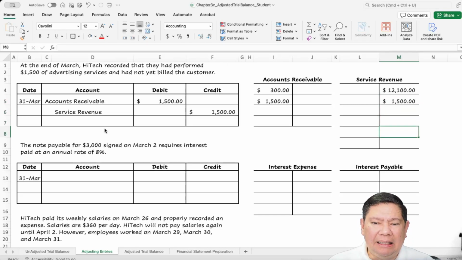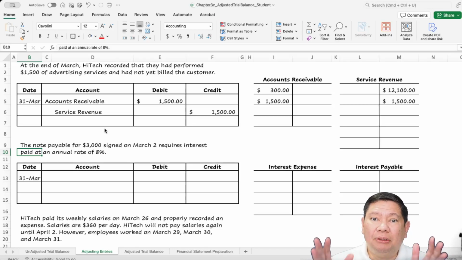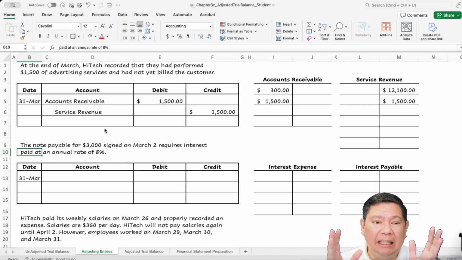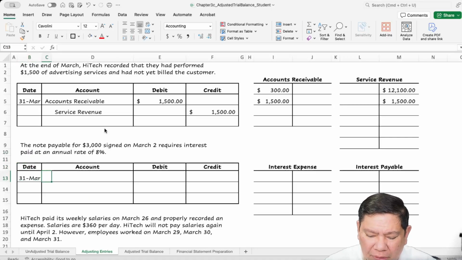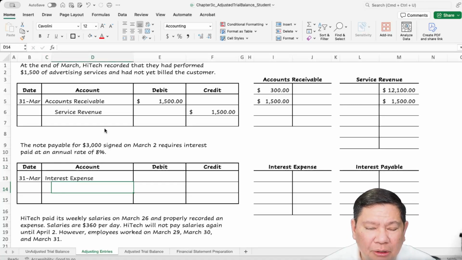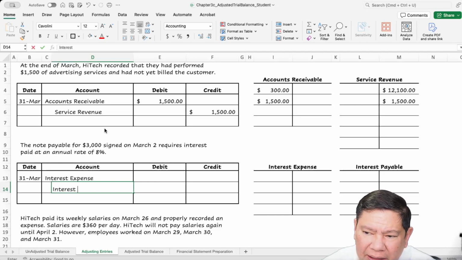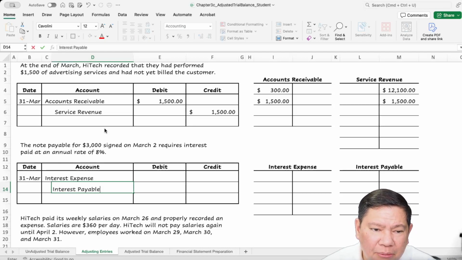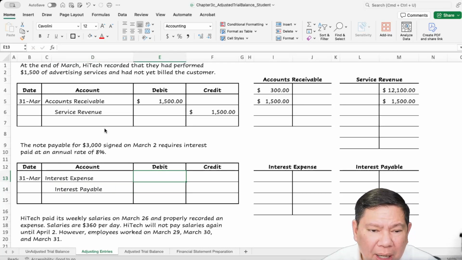Okay, the second adjustment, remember we borrowed money from the bank, $3,000. Now we have to recognize the interest expense for the month of March. Because we're not going to pay it now, we put it under interest payable. We will pay it later. How much?